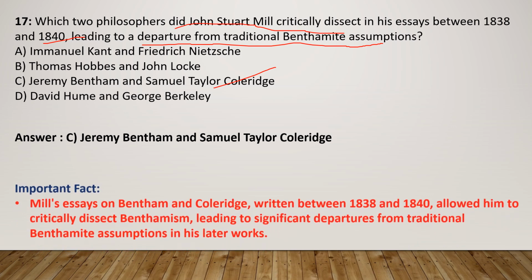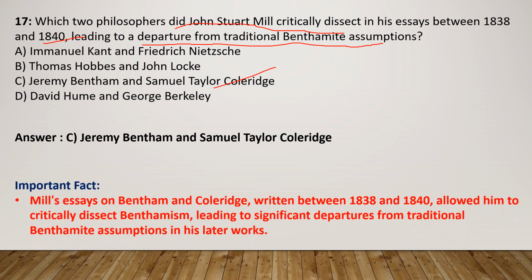Option C. Mill's essays on Bentham and Coleridge, written between 1838 and 1840, allowed him to critically dissect Benthamism, leading to significant departures from traditional Benthamite assumptions in his later works.